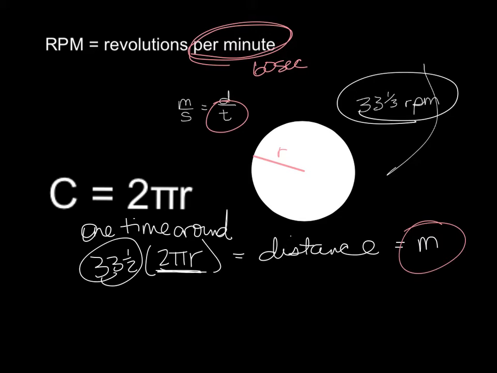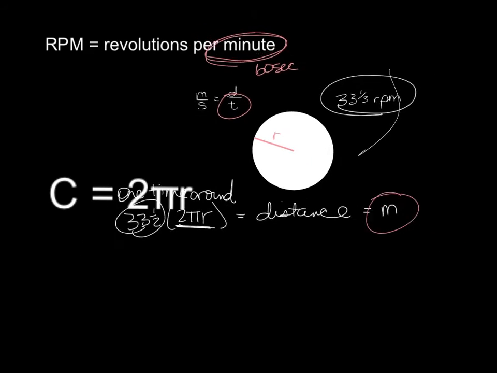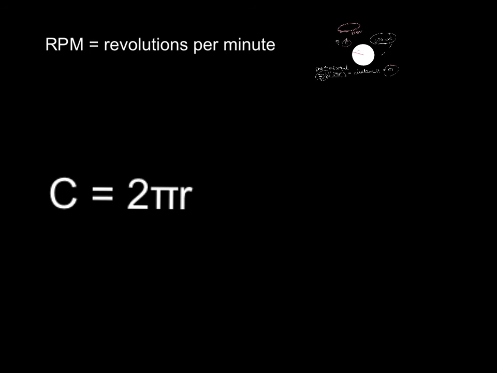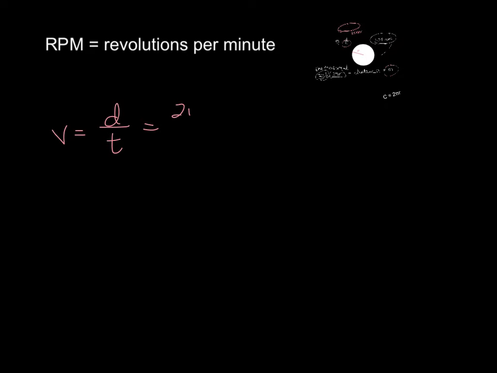So this whole thing, okay, and this is not an equation that you should put on your equation sheet. You should be able to reason this one out. But we have that our velocity is our distance divided by our time. Okay? 2 pi r was one time around times the number of RPMs, because that's how many times around we go in those 60 seconds.